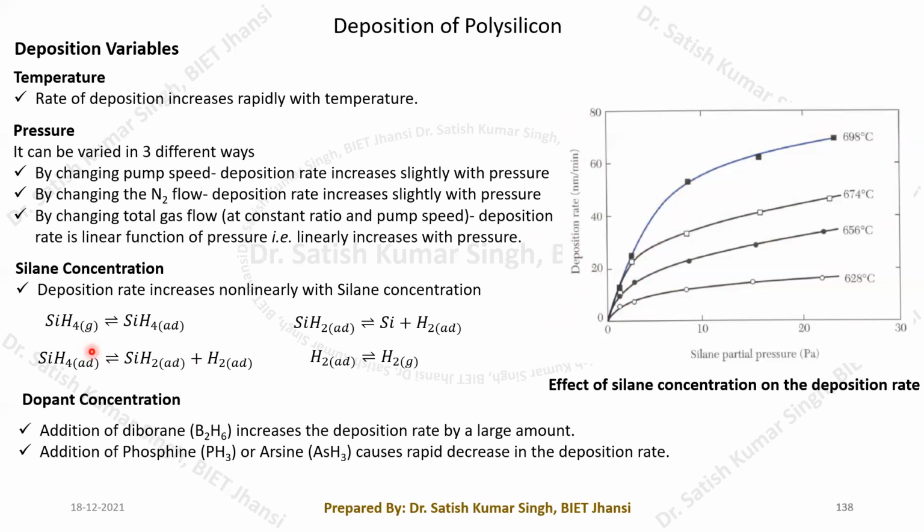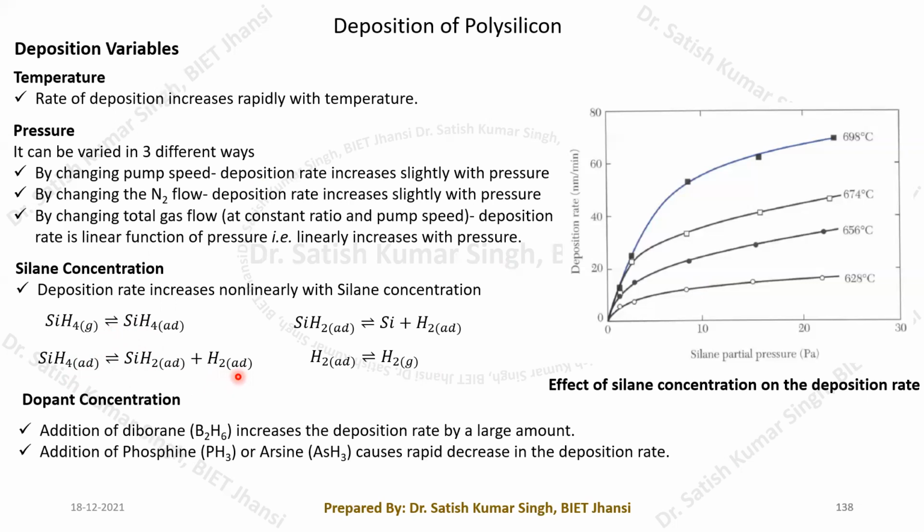So basically what happens when we send this silane gas, generally this gas is first adsorbed onto the surface, and then it will be decomposed into two forms: SiH2 in the adsorbed form and H2 gas in the adsorbed form.